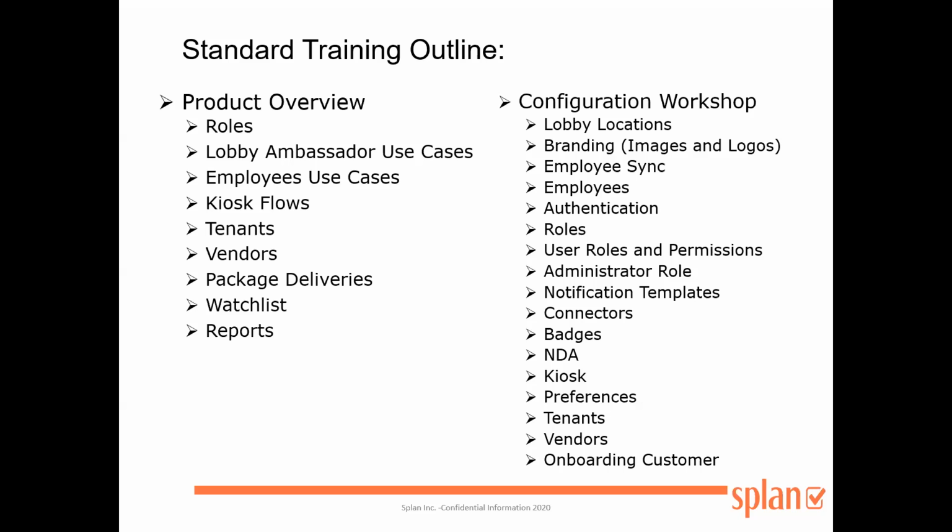Then the employee use cases, kiosk flows, tenants, vendors, package deliveries, watch list reports, and then later on in the afternoon session, we're going to be doing more of the hands-on of creating the locations and the branding and the employee sync, authentication, going through all the information that allows us to configure a system.